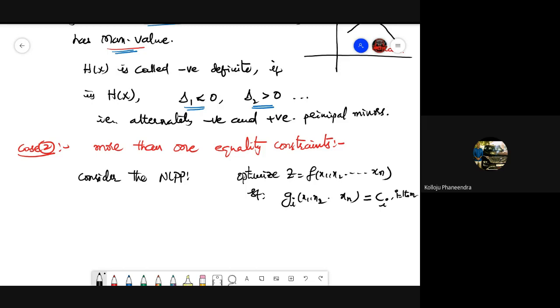M constraints are here, g1, g2, up to gm, and all the n variables xj are greater than or equal to 0.